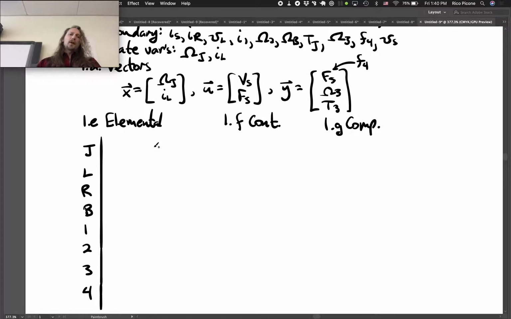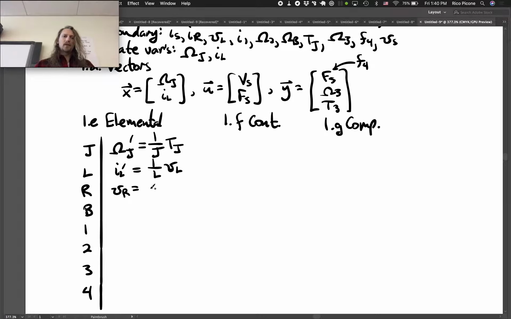So the elemental equations, I'll use primes for derivatives. Omega J prime equals 1 over J times TJ. IL prime equals 1 over L times VL.